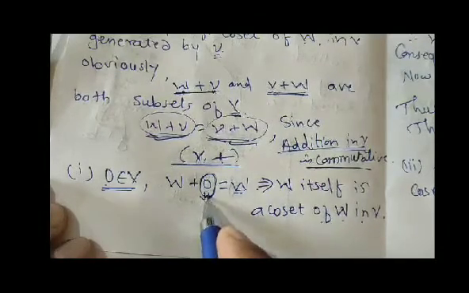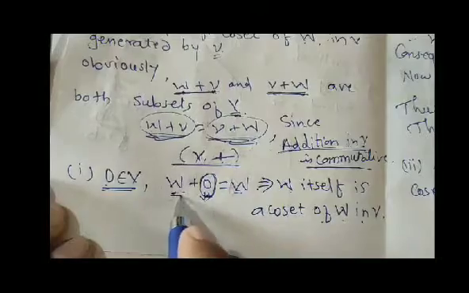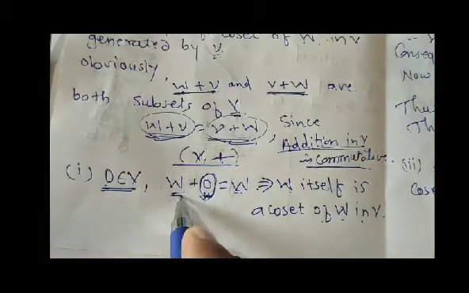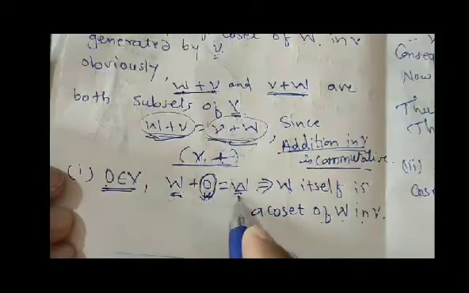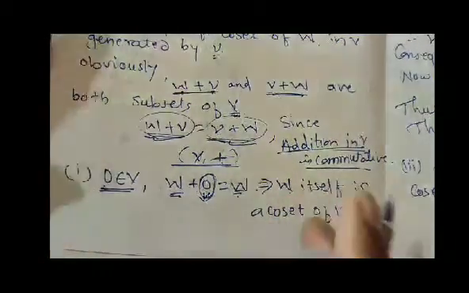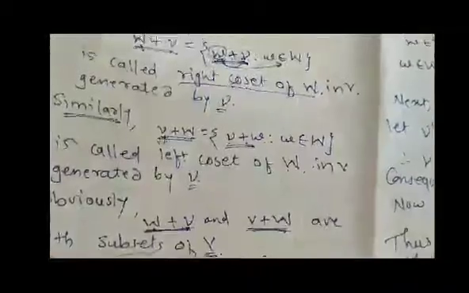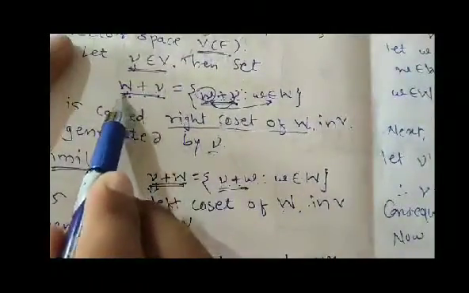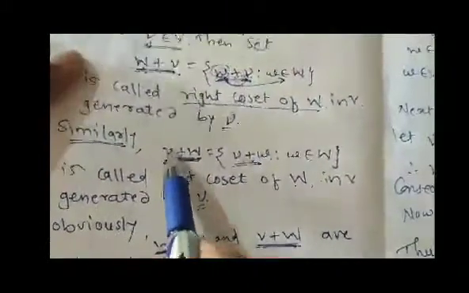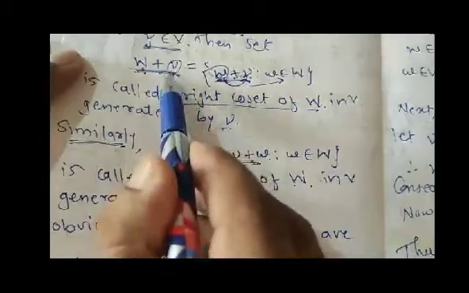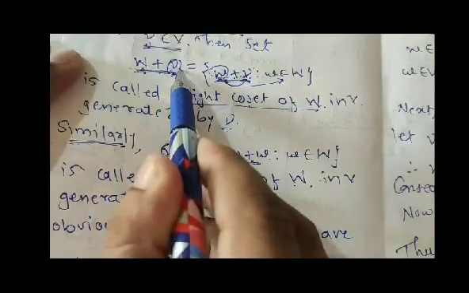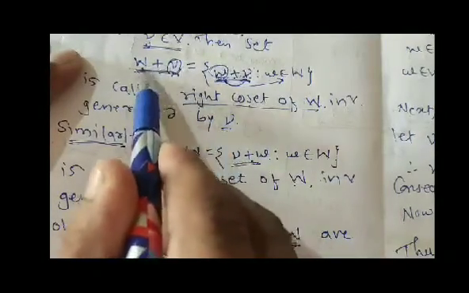In our definition of left coset and right coset, if we take this element as the zero vector, then we get W itself.